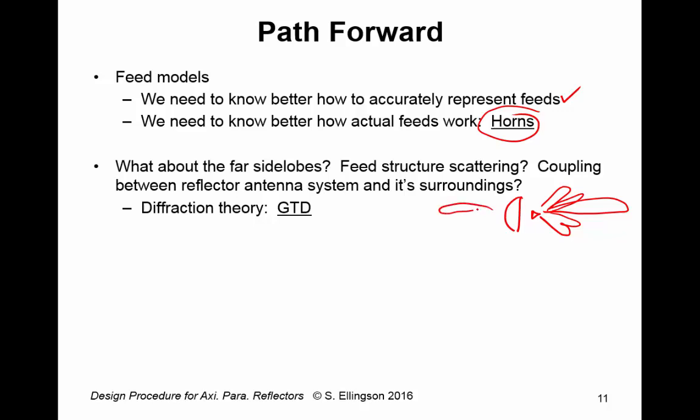But what about the pattern back here? Or what about side lobes going off in these directions? These things will couple the antenna into its surroundings. So if you have the ground, if you have a mounting structure, or if you have other antennas nearby, these side lobes will couple this antenna into adjacent antennas. And you may need to know about that.